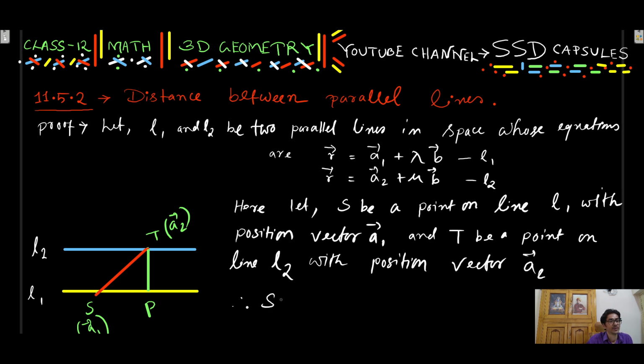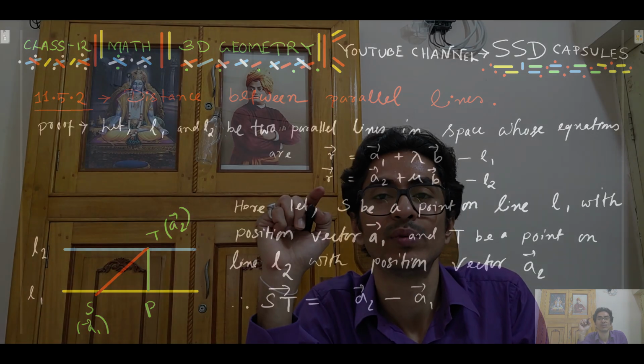Therefore, ST vector equals a2 vector minus a1 vector. Here we have used the triangular law of vector addition. You just go through the vector chapter, you can understand this very easily.